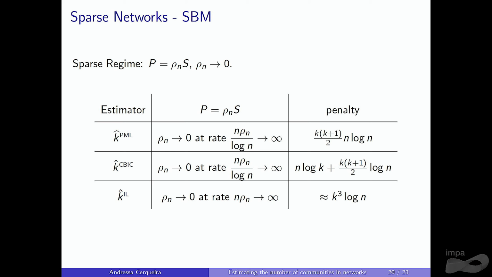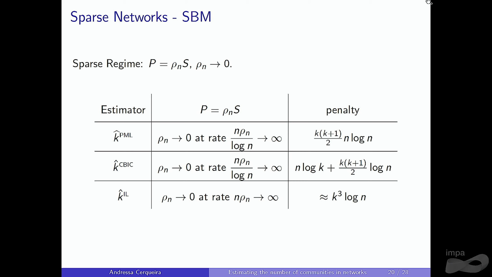So what do these rates show us? As Jesus said today at the end of his presentation, at this rate we can think that rho n should be greater than log n divided by n, right? In this case we have exact recovery of the communities.